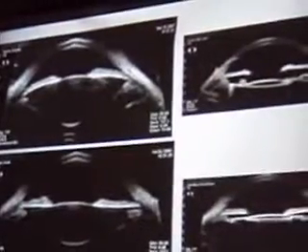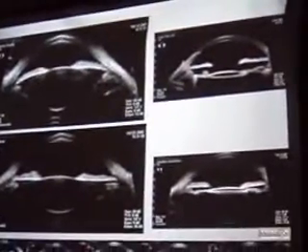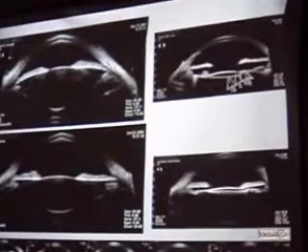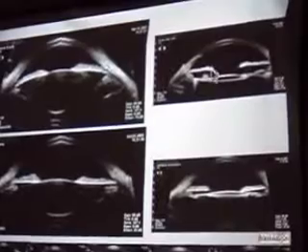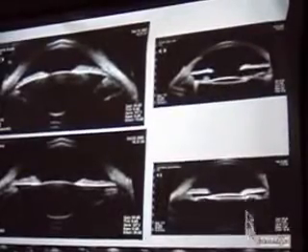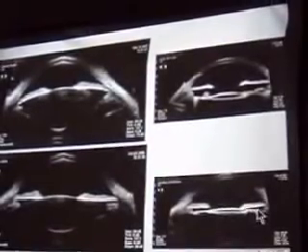This is called effective lens position, and it is the holy grail of intraocular lens power calculation. Nobody can control if the lens is going to be sitting a millimeter or 2 millimeters away from the iris plane, or just right after the iris plane.